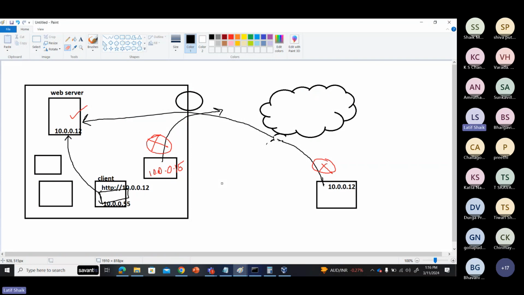Importantly, we need a public IP address to communicate with public resources.